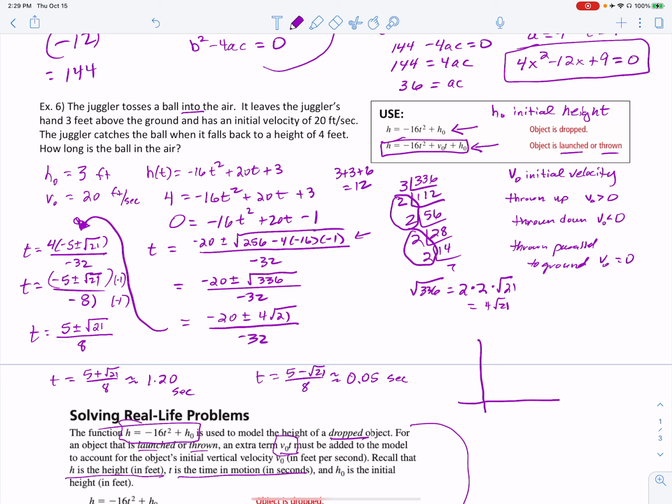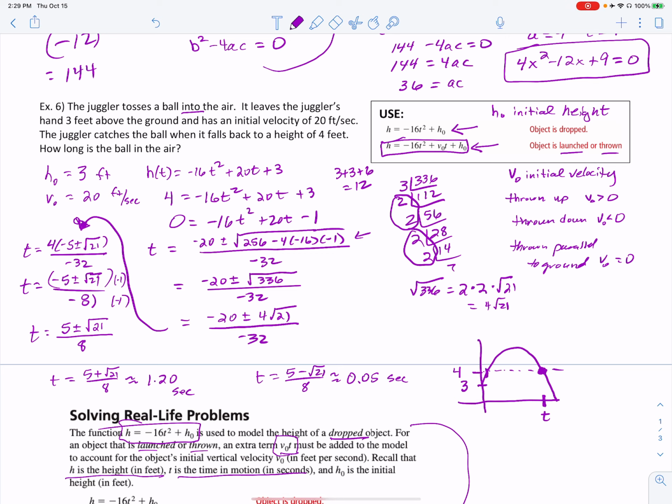What happens is the juggler is at 3 at the start, and he's got this parabola of what's happening. Of course, he catches it at 4. And if I draw a horizontal line at a height of 4, that's the time we want.